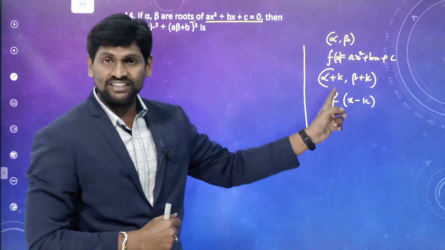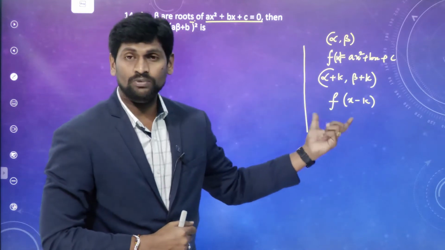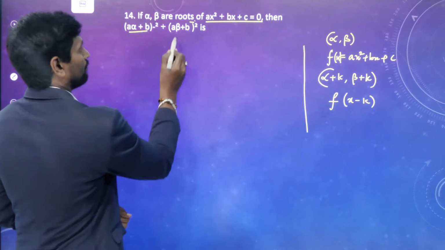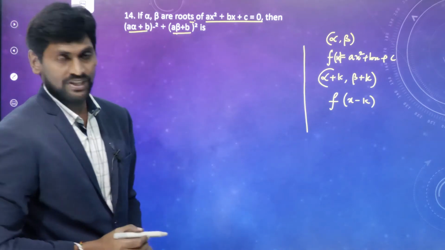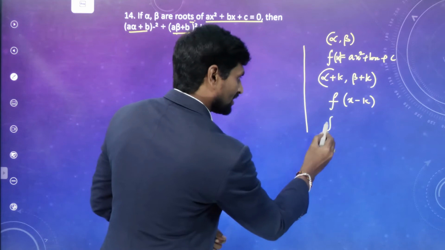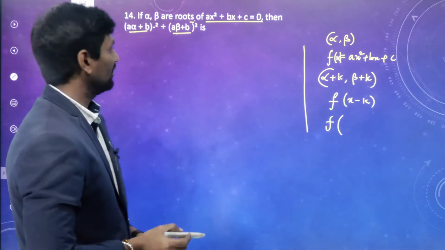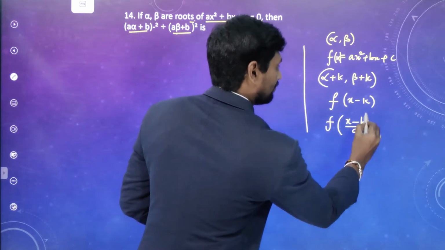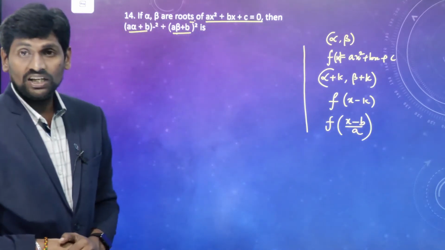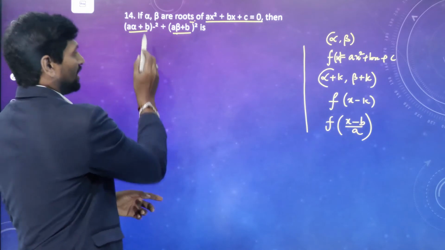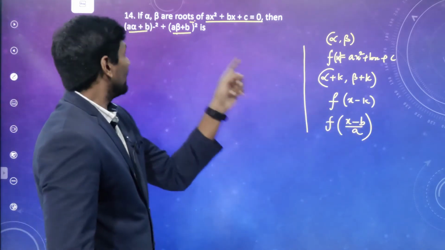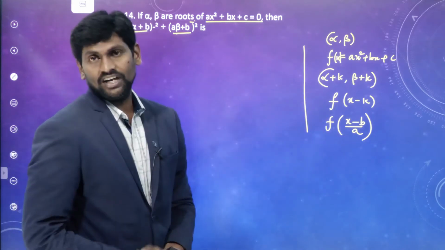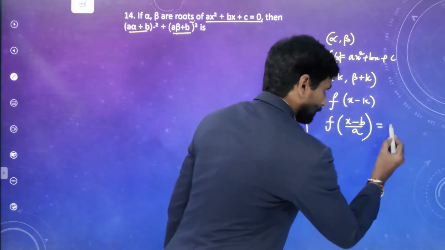When you take plus k, the required equation becomes f of x minus k. In such a way, if you take a alpha plus b and a beta plus b, the required quadratic equation is f of x minus b by a, because plus b we apply minus b, and a is multiplied with alpha, so here a should be divided. This is our required equation.